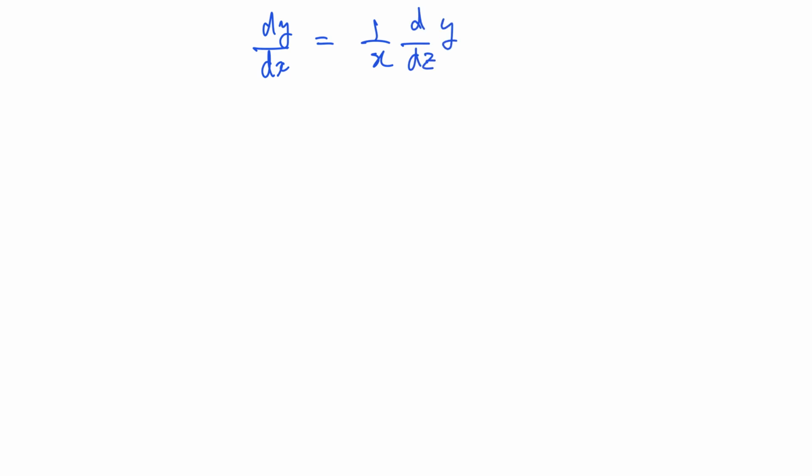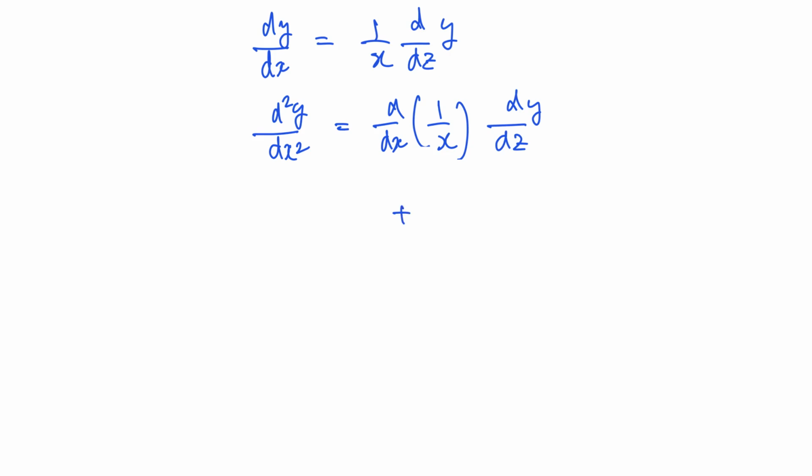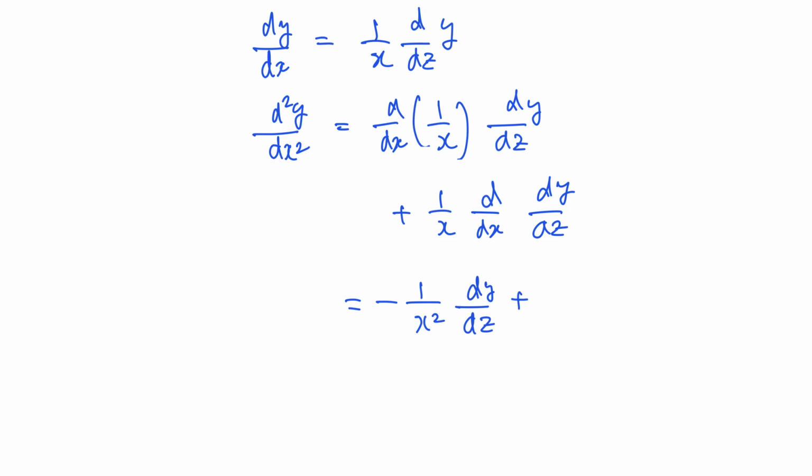If we differentiate twice, d squared y/dx squared is, we differentiate first 1 over x dy/dz, plus 1 over x d/dx of dy/dz, is minus 1 over x squared dy/dz plus 1 over x dz/dx d squared y/dz squared.